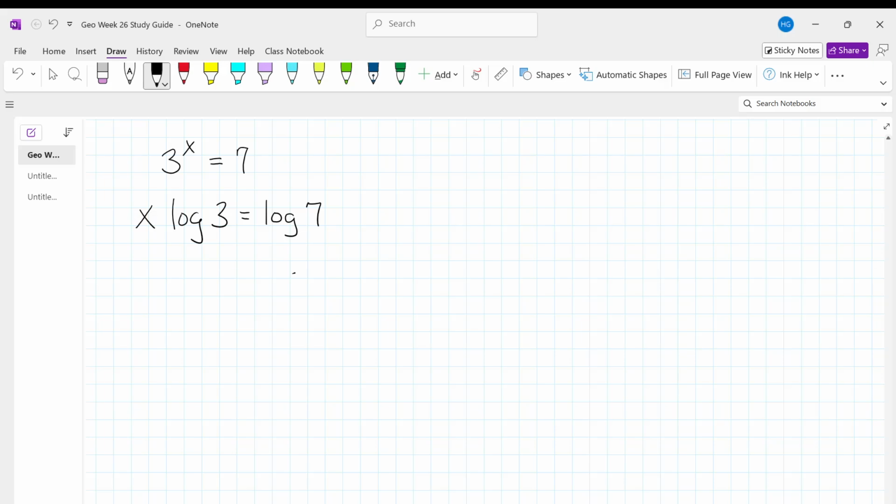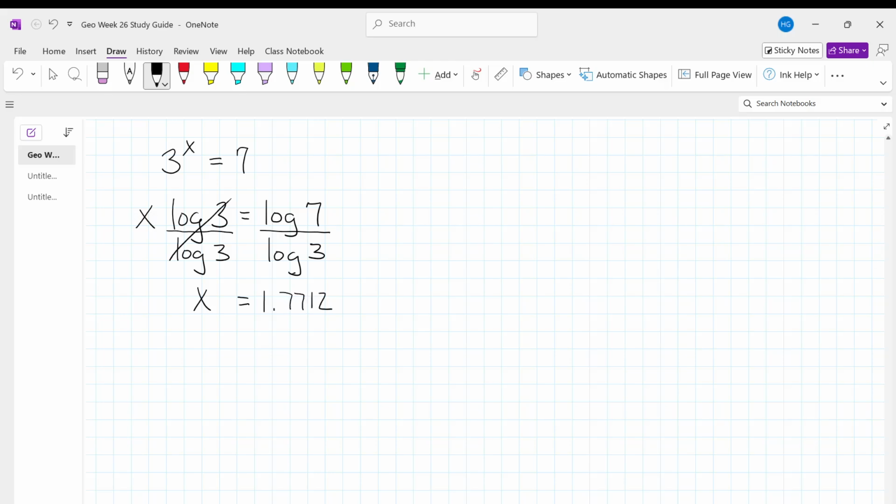By rule, we can do that. And then we're going to isolate the variable by just dividing both sides by log 3. On the left-hand side, the x falls down, the log 3's cancel. And then in my calculator, I type 7 log divided by 3 log equals, I get 1.7712.